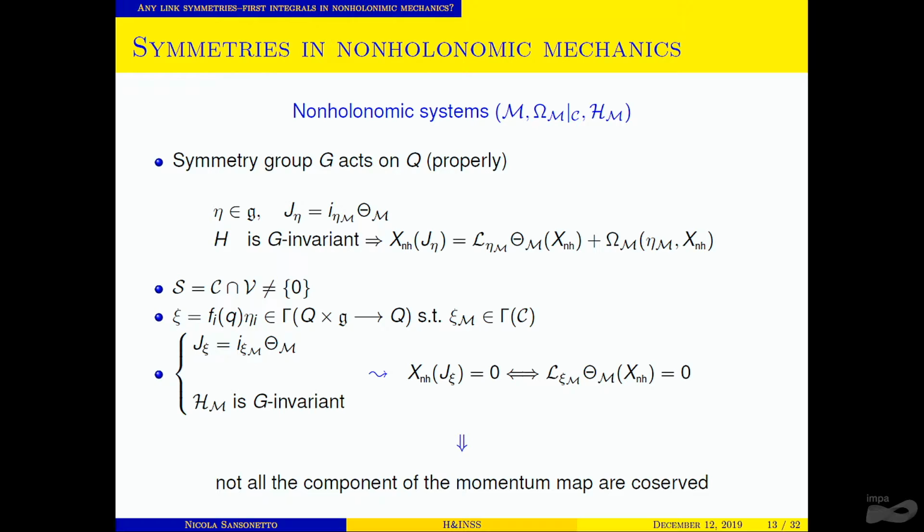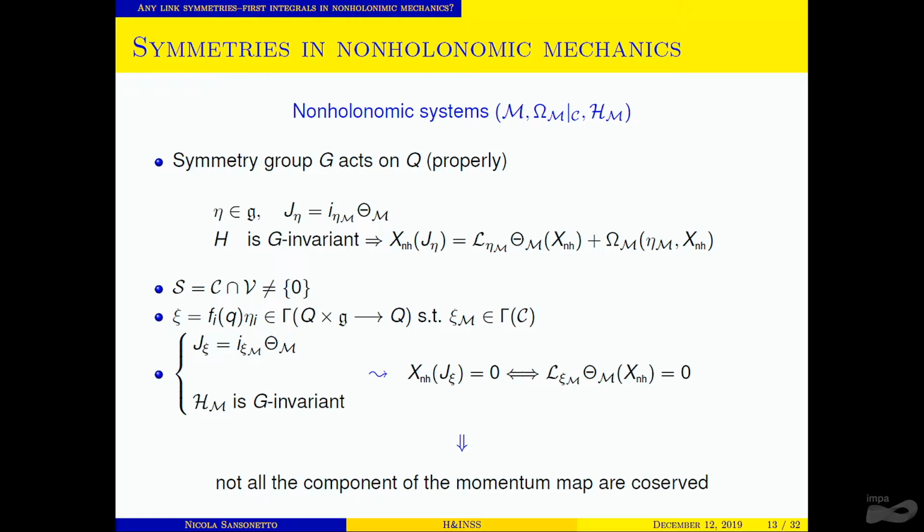Then we write the momentum, and now we impose, again, the momentum equation. And it turns out that this object is a first integral if and only if this strange equation is fulfilled. But again, this is not always true.